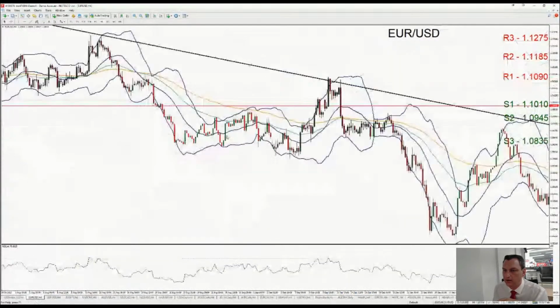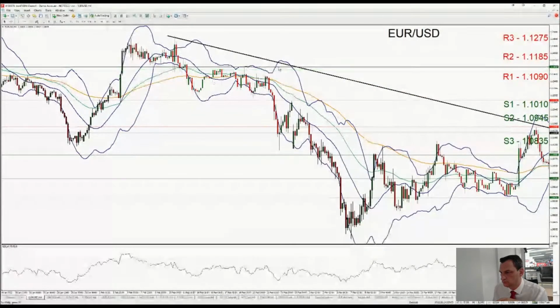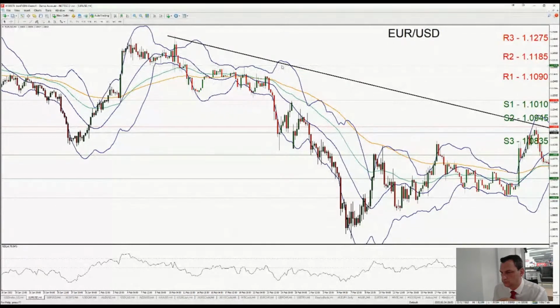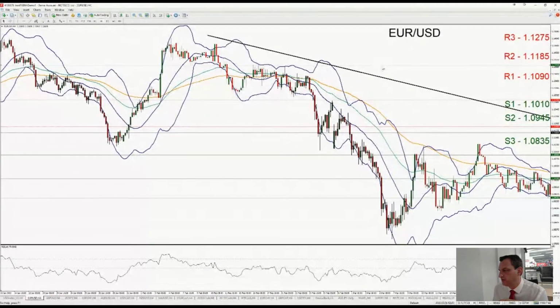Going way, way back. So we see a level here, given that we had resistance here and support here, even more support here. So that seems to be pretty valid.